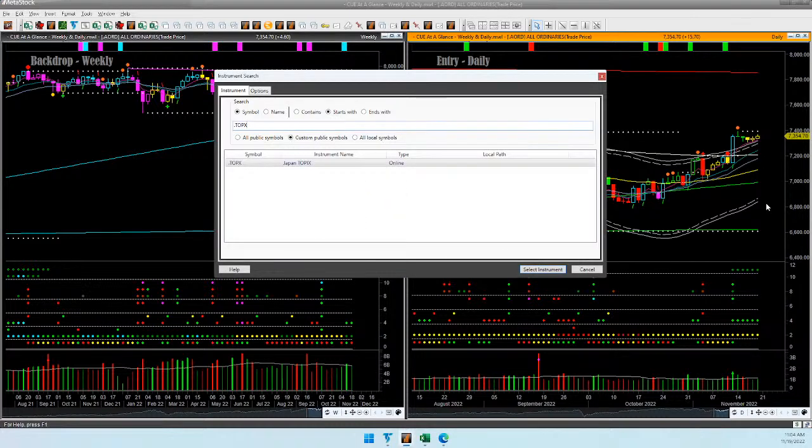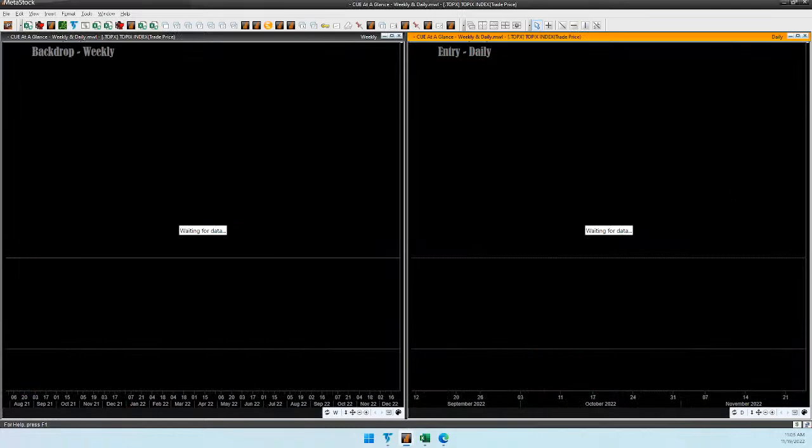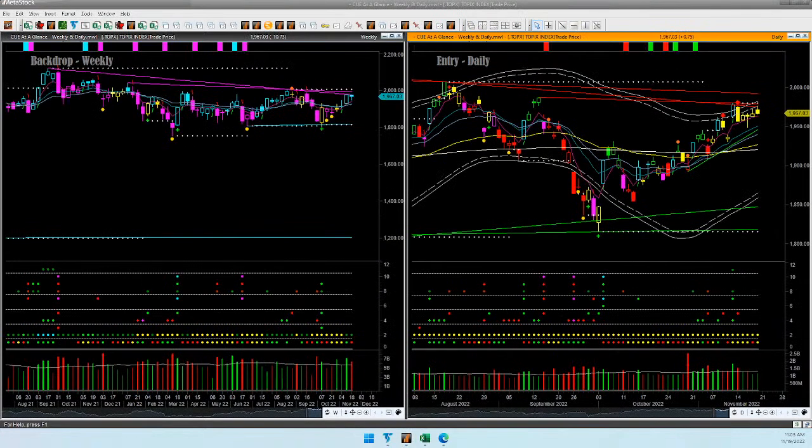Next, Japan Topix Index. If you remember my last market recap, at that time the weekly came here right near the trendline resistance.